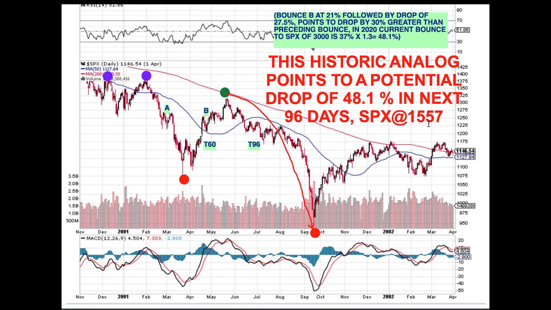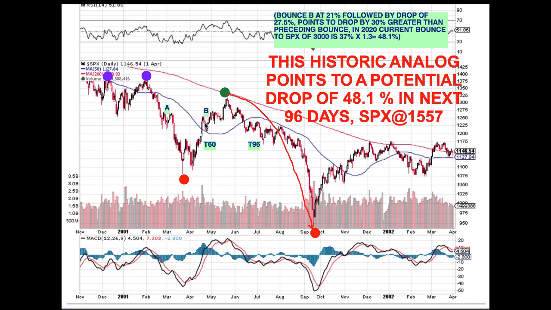If you're a short seller, this could be the ultimate opportunity of a lifetime. Oh yeah, and by the way, if you're wondering how we're coming up with this figure of 48.1%, this bounce B right here is 21%. It's followed by a drop of 27.5% only, but we're using a figure of 48.1%. If you measure the increase between the bounce and the drop, it's 30%.